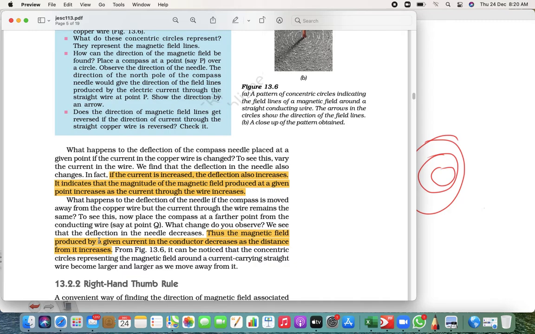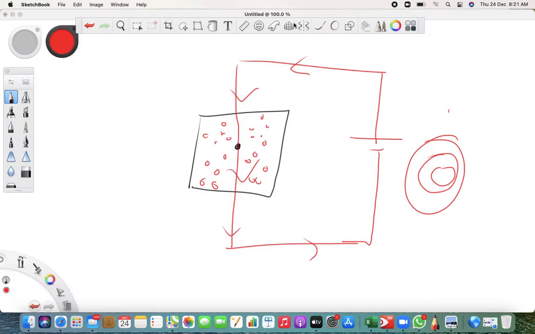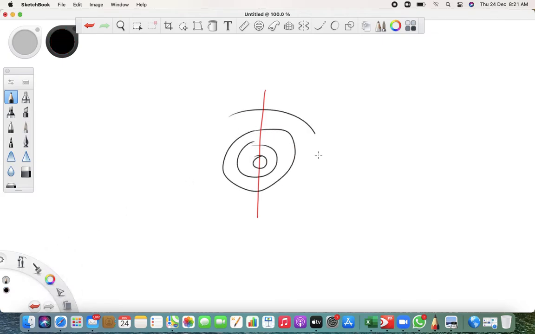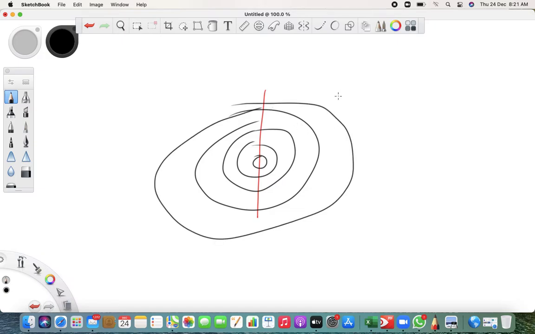And thus, if you see the second highlighted portion, the magnetic field produced by a given current in a conductor decreases as the distance increases. For example, this is the wire and here is the magnetic field produced by it. But the distance from the wire will increase, the gap will increase.